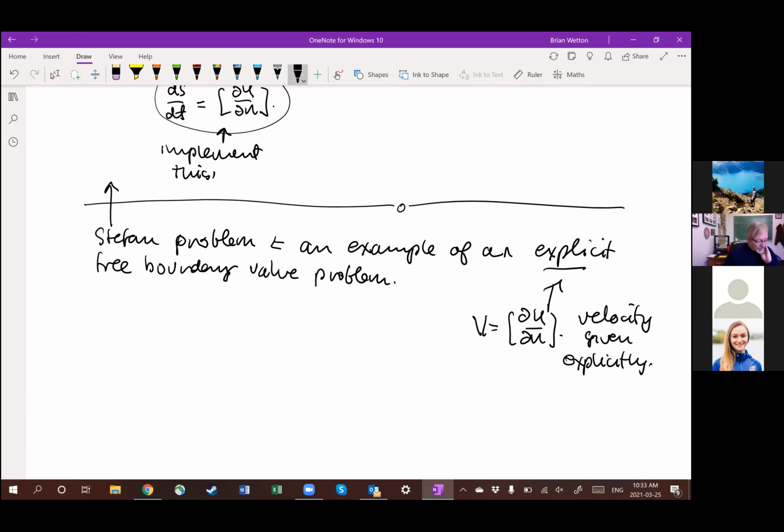So let me show you an implicit free boundary value problem.